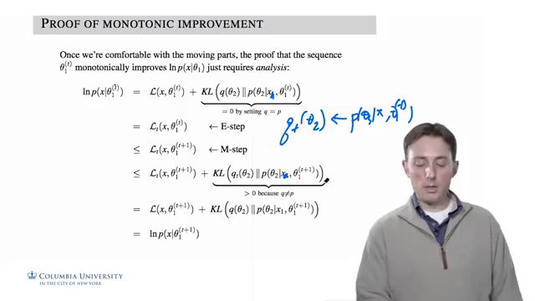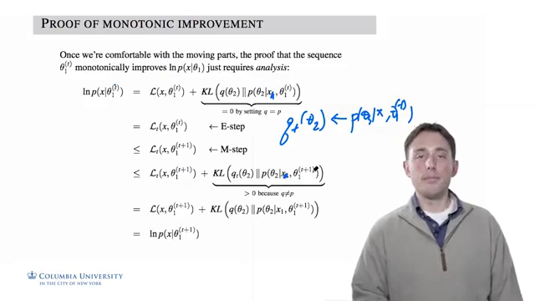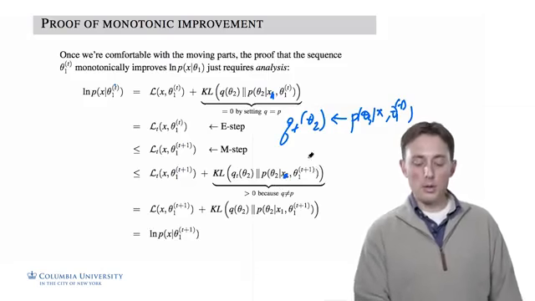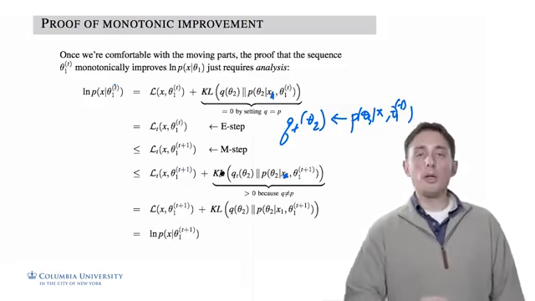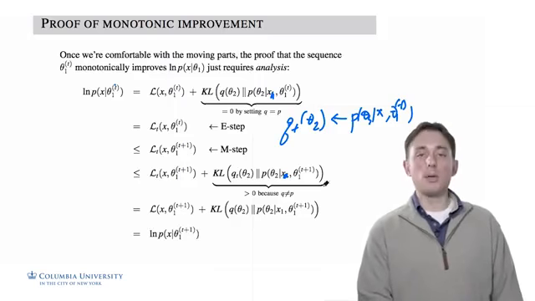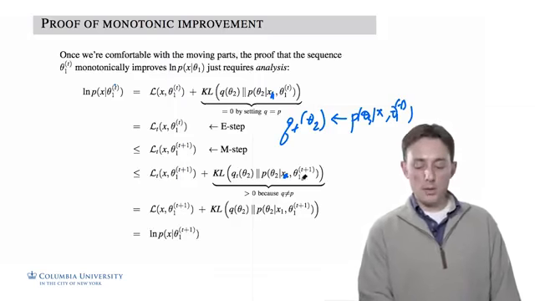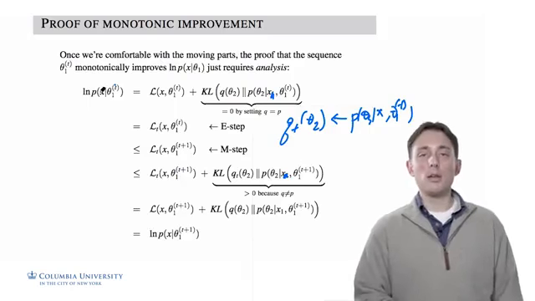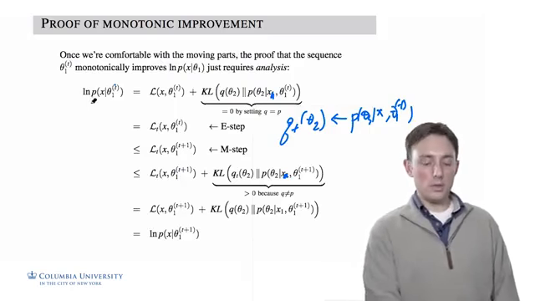And so the KL divergence now is positive. So we've added a positive number to the right-hand side. And therefore, we don't have to worry about the inequality switching directions, because we've simply taken whatever number this is and added something positive to it. And so the sum of those two things has to be also greater than or equal to this term up here.